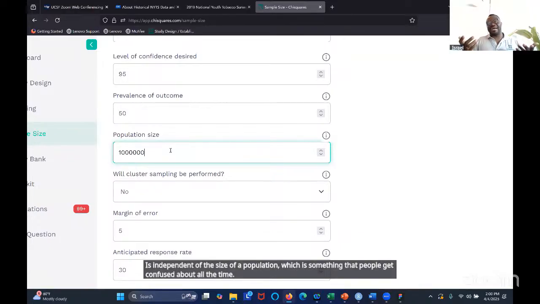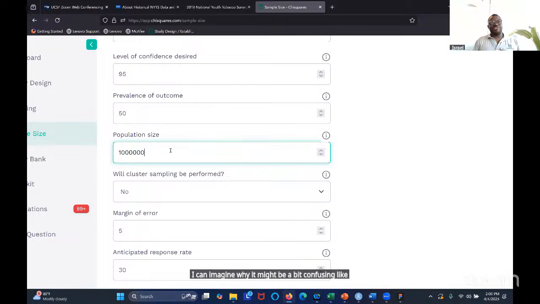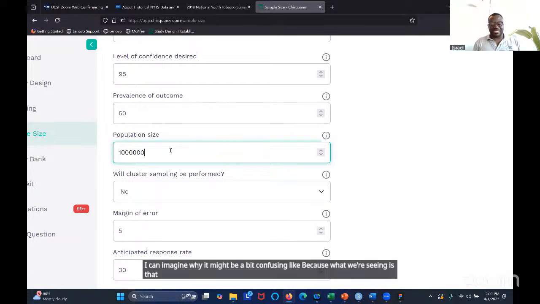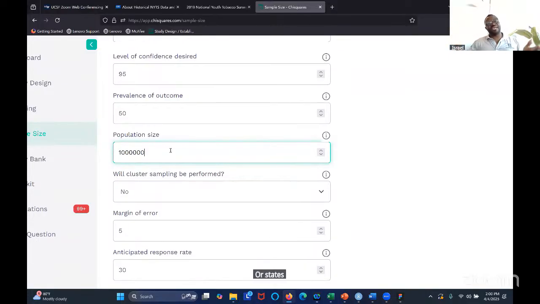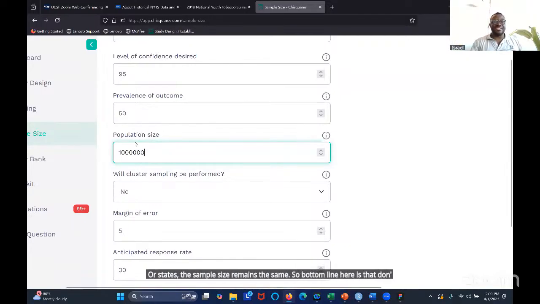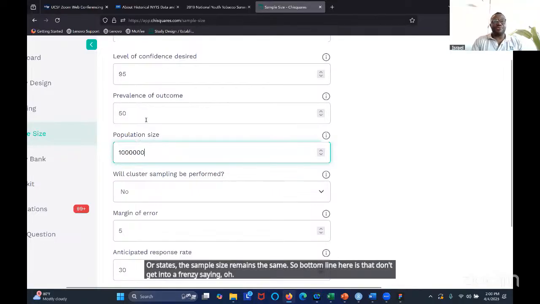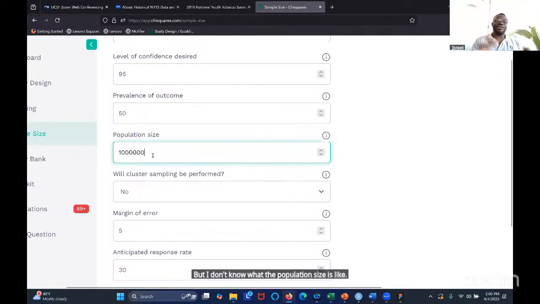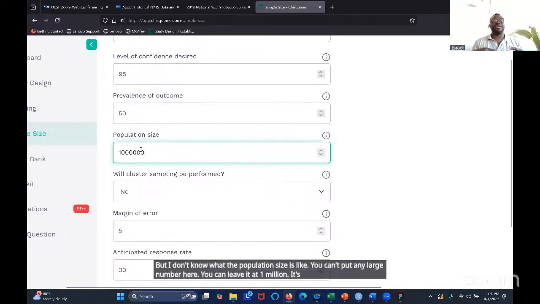And I can imagine why it might be a bit confusing, because what we're saying is that it doesn't matter whether the sample size is for all of Africa or all of the United States or for your village, or well, assuming your village is large enough, right? Or a state, the sample size remains the same. So bottom line here is don't get into a frenzy saying, oh, but I don't know what the population size is. You can put any large number here. You can leave it at 1 million. It's completely fine because the population size does not affect sample size.